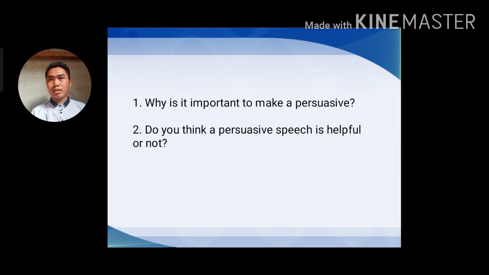If you are selling a product, the one who sells the product can benefit, and also the customer can benefit. The seller can earn money, and the customer also can benefit from the product. So that's why persuasive speech is very helpful for us.